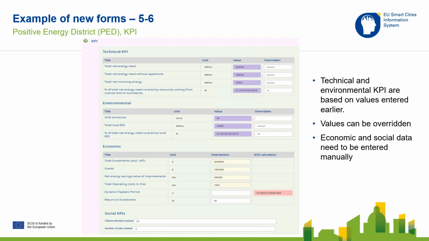But I encourage everybody to carefully, well, think twice before you do that, because there is value in the comparison if the methodology for calculating the KPI is similar for the different projects. So you need to have a strong reason to provide your overridden value. And the same holds for environmental.